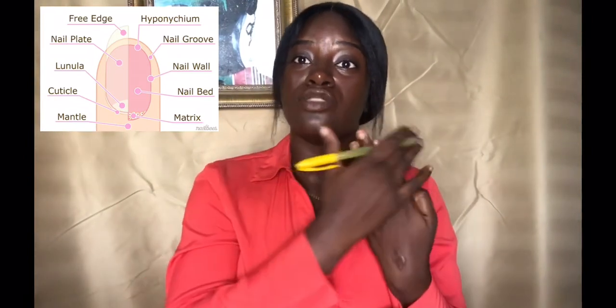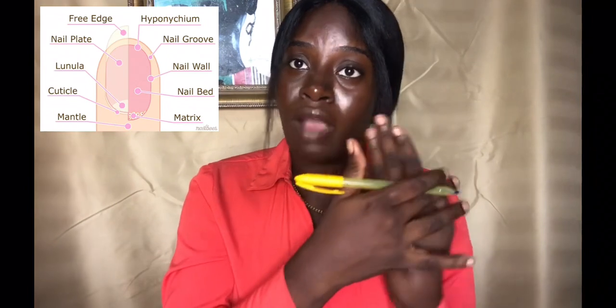The mantle is the skin that protects the roots, the skin of the lower edge of your fingers that is very close to the fingernail. This part should be highly protected in cases where we're trying to downfile or seal the cuticle. We're trying to seal the cuticle area to prevent nail lifting. You have to be very careful with the mantle to prevent cutting it mistakenly by using aggressive filing.